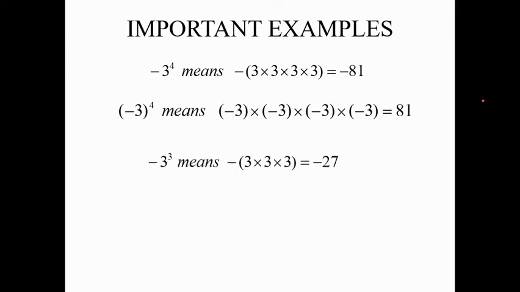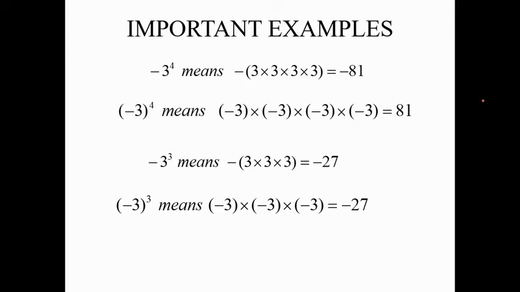So negative 3 to the third power means that you have a negative on the outside, you're multiplying 3 3's together, and so you have a negative 27. A negative 3 in parentheses to the third power means you have negative 3 multiplied by itself 3 times, but notice you still get a negative 27.